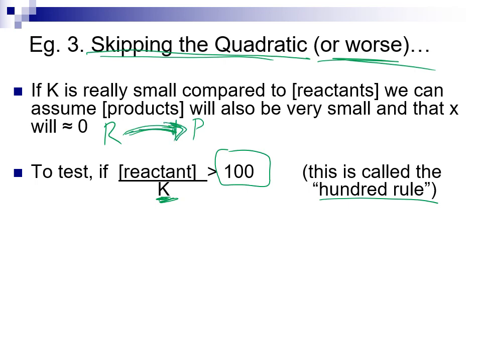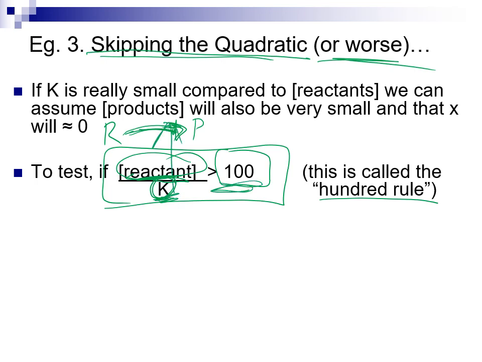And if that is really, really small, this calculation would work out to a very large number, because remember the reactant is quite some number, and K is really, really small. When you take the reactant's concentration and divide by K, you get a really big number, probably much bigger than 100. What that's saying is that the shift to the right is going to be quite small, and assuming this calculation works out to be a bit larger than 100, it might be small enough that we can ignore our x value.